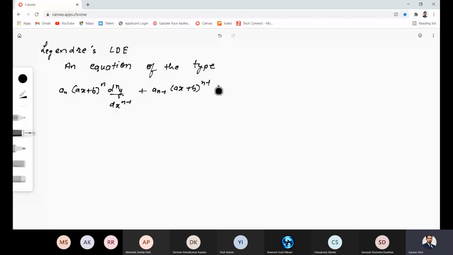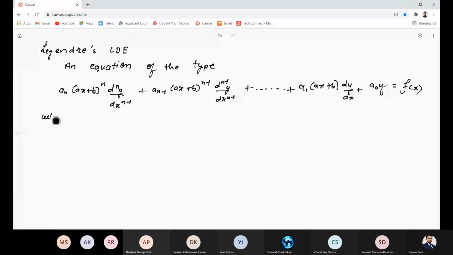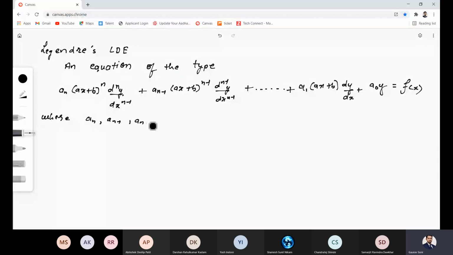This will go up to a1 (ax plus b) dy by dx plus a naught y is equal to f of x, where a_(n-1), a_(n-2), up to a naught are constants.